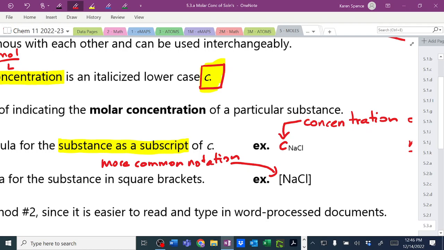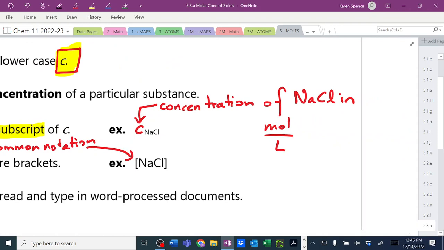If I put square brackets around it, square brackets around means molar concentration of. So this also means concentration of NaCl in moles per liter.